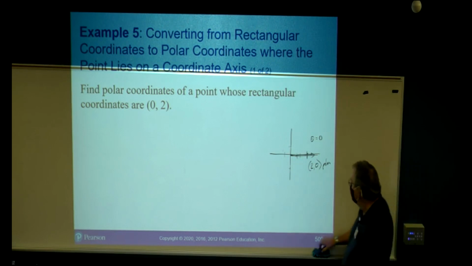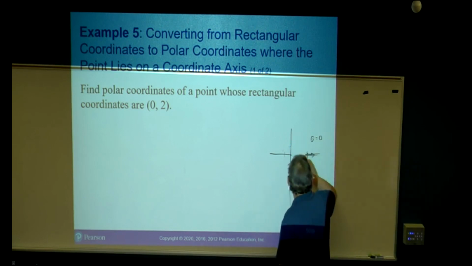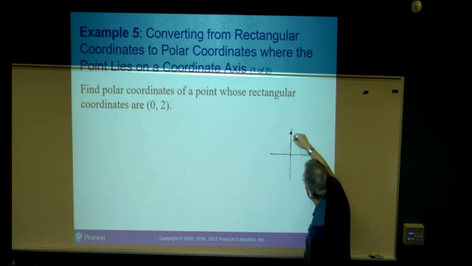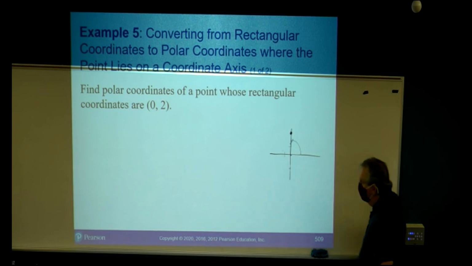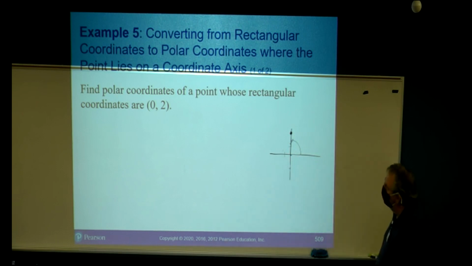Uh-oh. I was thinking the point 2, 0, but it's not the point 2, 0. It's the point 0, 2, which is up here. So we're talking about this angle, not the polar axis angle. So what is that angle?